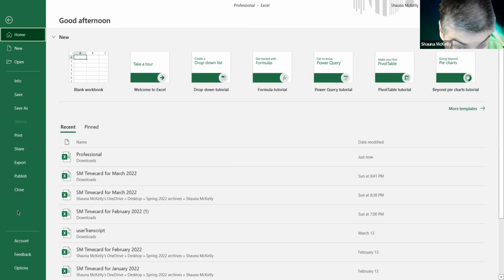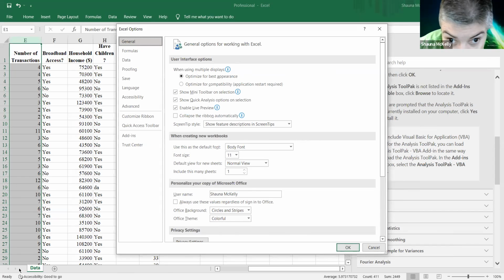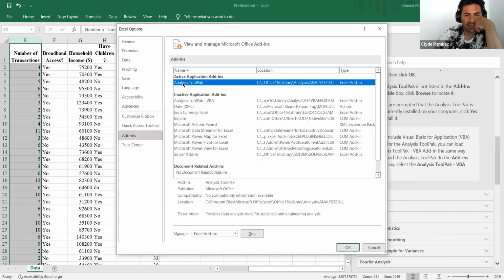Yes. And then when you go to options, you should see some options open. You look on the left sidebar in gray for where it says add-ins. Click on add-ins. And in the top menu bar, look for something that says analysis tool pack.